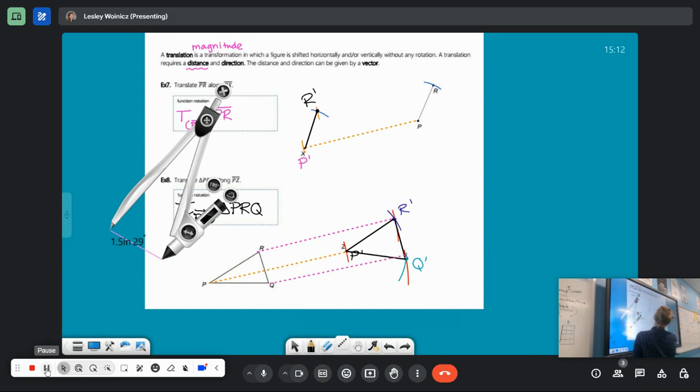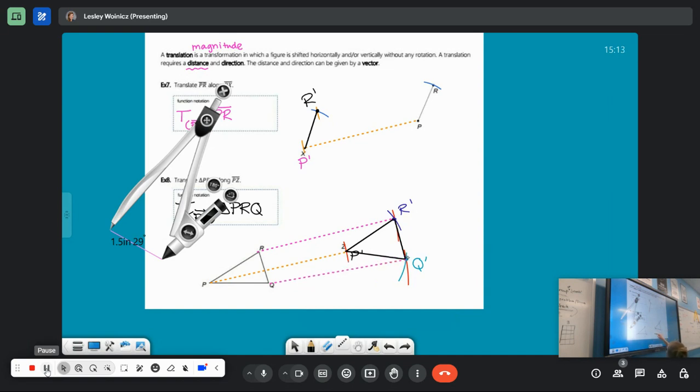Do you guys see the difference between here and here? Okay. How can you tell that that's right and this where I put it is wrong? Can you see it with me being in the way? Wrong, right, wrong, right. How can we tell that that's right? Yeah, it's straight. How can we tell it's straight?